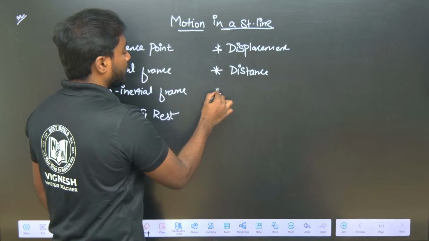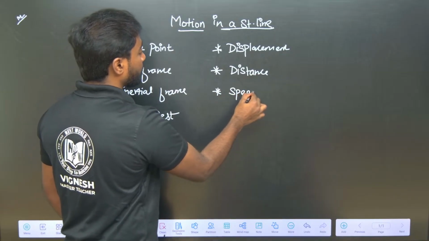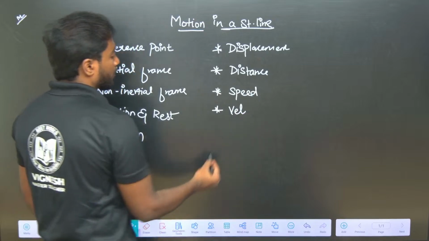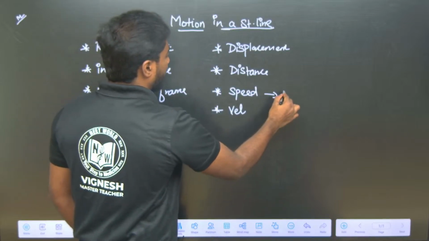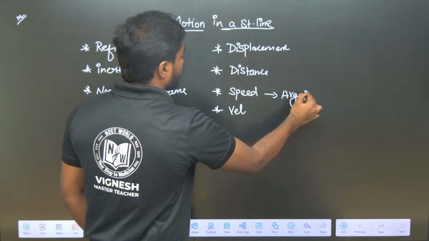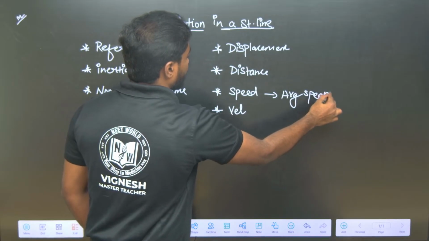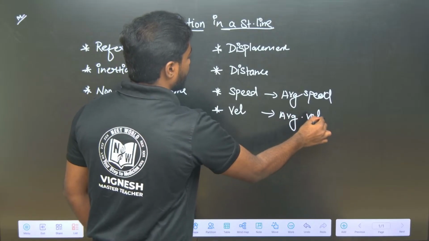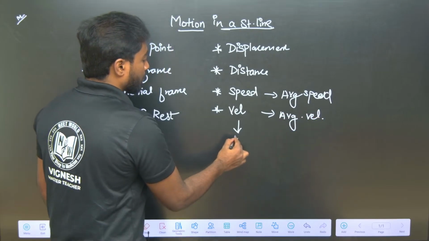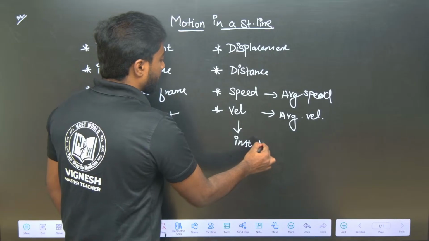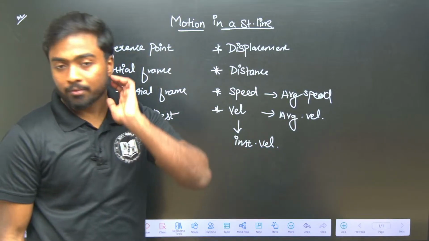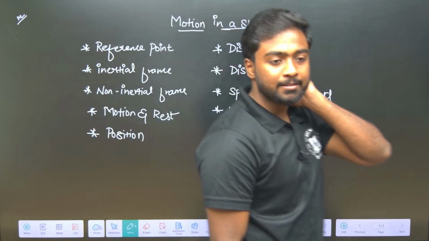We discussed what is speed, what is velocity, what is average speed, average velocity, and instantaneous velocity. This was what we were discussing in the last class.